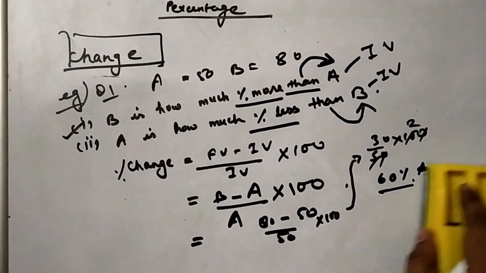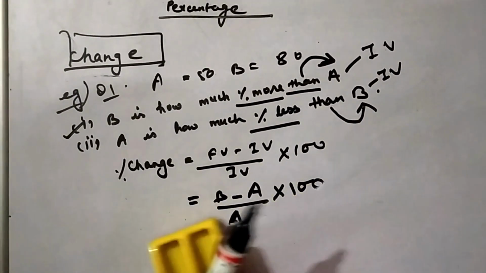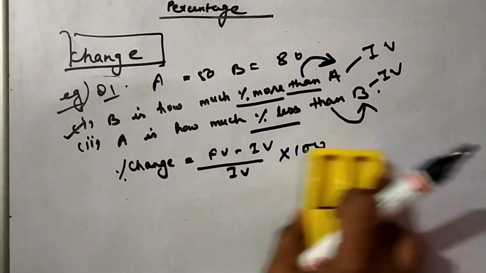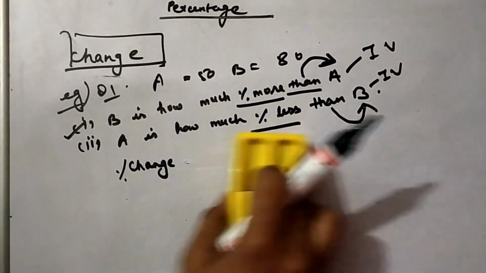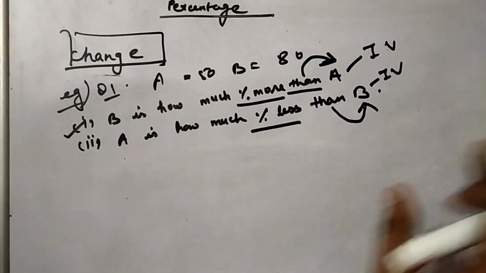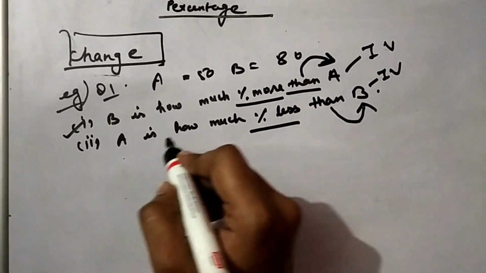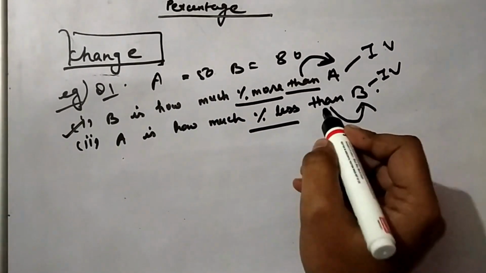Now let's do the second question. A is how much percent less than B?